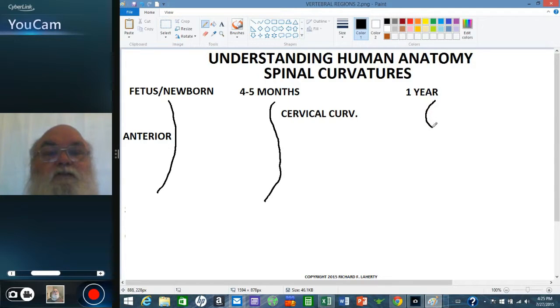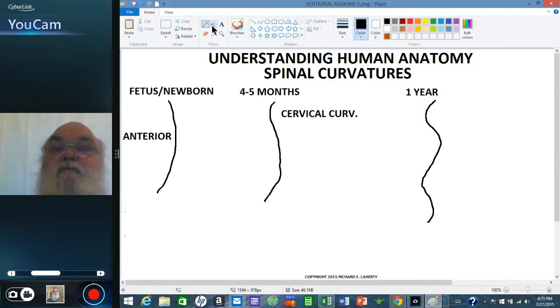The cervical curvature is still there. Then we'll have a concave anterior thoracic curvature, then a concave posterior lumbar curvature, and then the sacral curvature is again concave anteriorly.